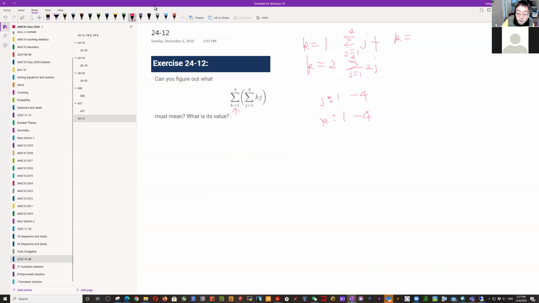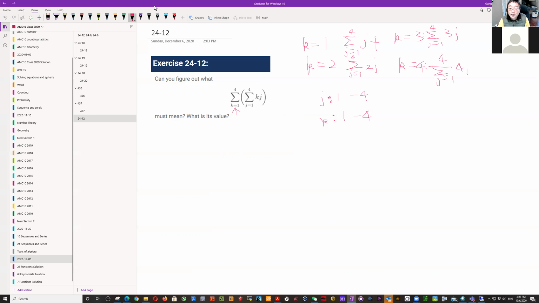Then k equal to 3: sigma j equal to 1 to 4 of 3j, because k became 3 and you plug it in here. K equal to 4: sigma j equal to 1 to 4 of 4j. So these are the terms.